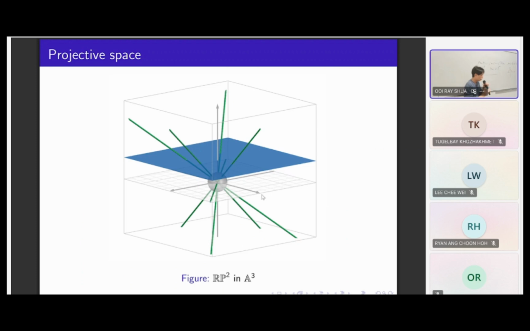So we'll take a look at A3. It's still the same thing, but now your projective space, instead of a line, is a plane, where your vision now can go from left to right.